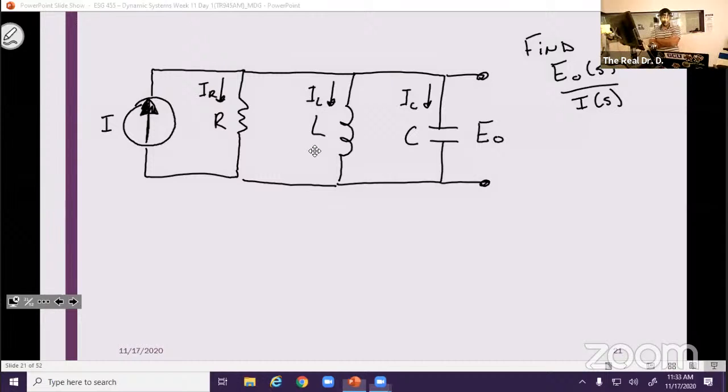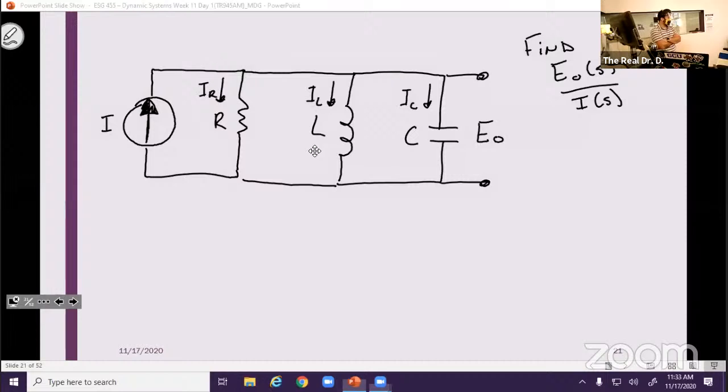You could do that if you wanted to, right? But that's what I was trying to get at with Carl. Carl's question was from earlier: do we need to make E not equivalent to anything? Because we did it in the last one. And the reason we had to do it in the last problem is because we were being asked to find E sub out over E sub supply, the output voltage over the input voltage.